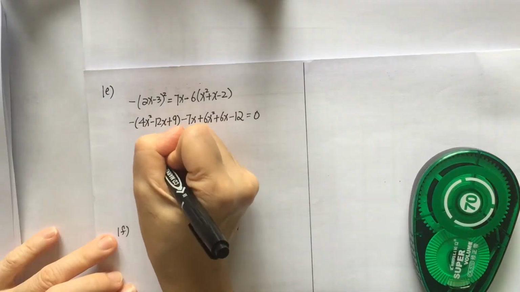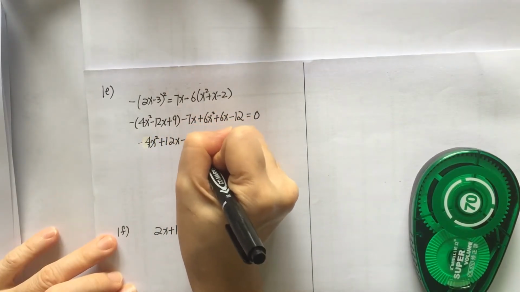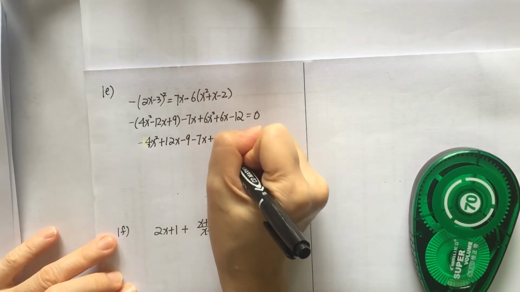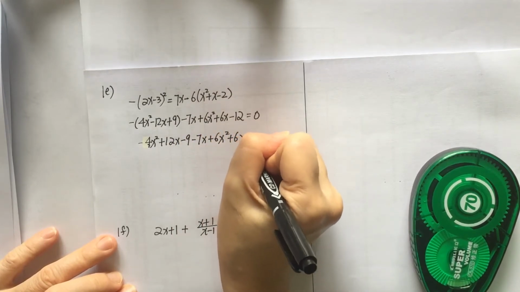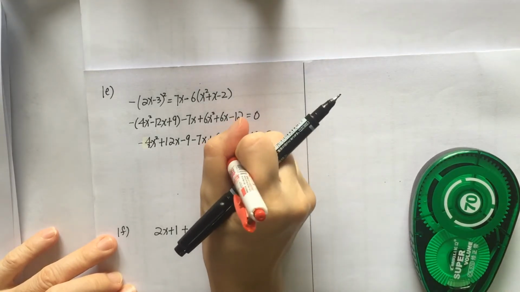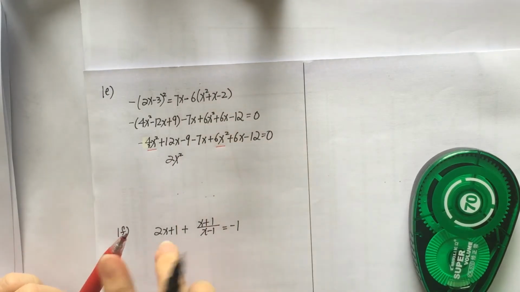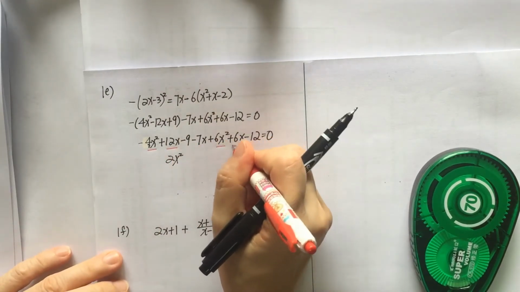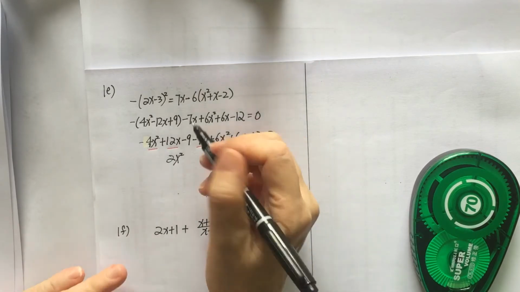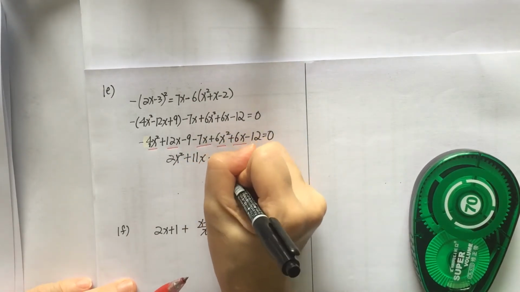Minus 4x squared plus 12x minus 9 minus 7x plus 6x squared plus 6x minus 12 equals to 0. So take the x square term, I have 2x square. Take the x term, I have 11x, and then I have minus 21 equals to 0.